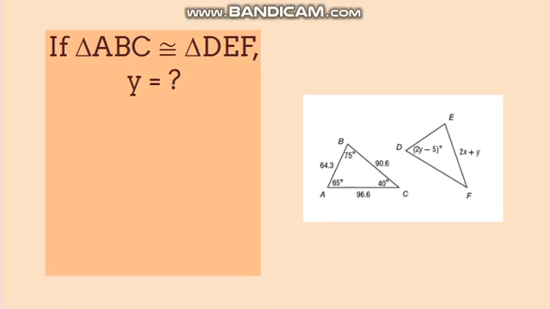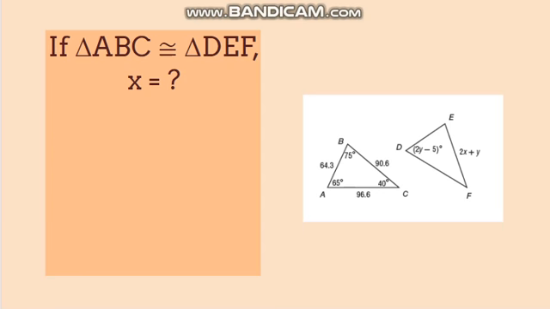They are congruent to each other. So what is y? And the correct answer is going to be 35. We set 2y minus 5 equal to 65. Add 5 to both sides. Divide by 2. We get 35.